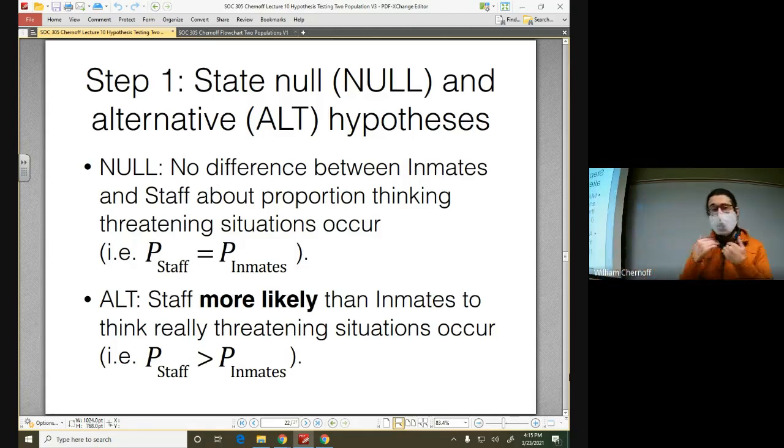Now, based off of my own experience working with staff members and inmates, I might have a hypothesis of what I think is happening. I might think that when it comes to these proportions, the staff members think that more threatening situations can occur here than the inmates do. So we state our null, we state our alternative hypothesis.